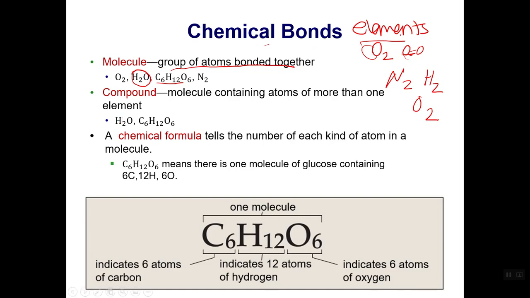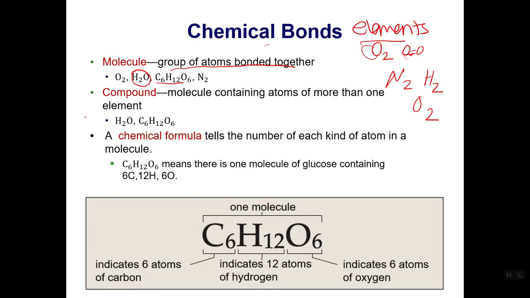Like element, it has to be two of the same type. Molecule is where it can be two of the same type or not. It just has to be two. And then compound is where we have atoms that have more than one element involved, meaning multiple types, like water or glucose. It wouldn't include O2 because O2 is of the same type. These have to have more than one element.